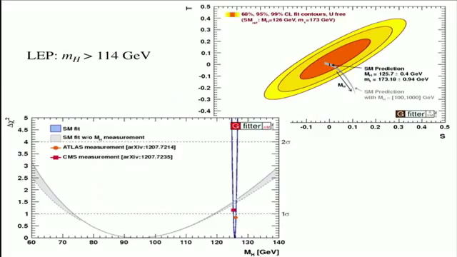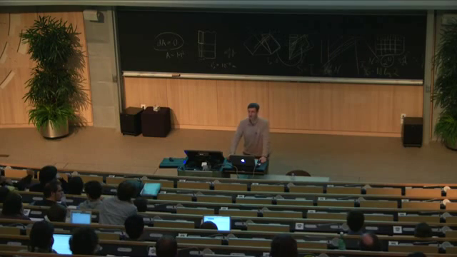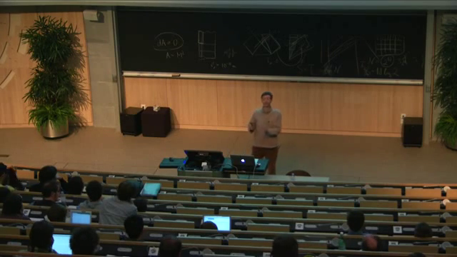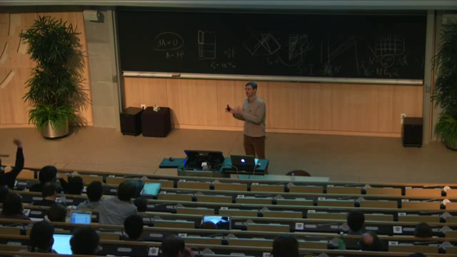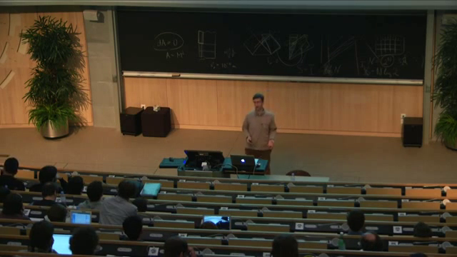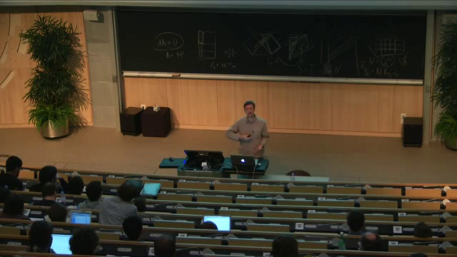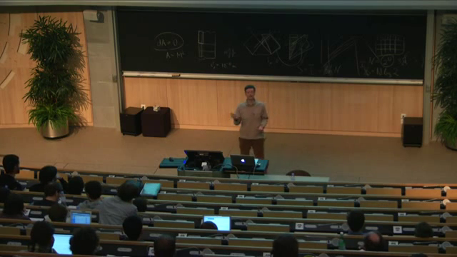But equally important was the information LEP gave from indirect measurements. In the beginning, the Higgs mass was mostly a nuisance factor for the determination of the top mass, because people wanted to get information on the top mass from electroweak precision measurements, and since the dependence on the Higgs mass was only logarithmic, it was just not very important.